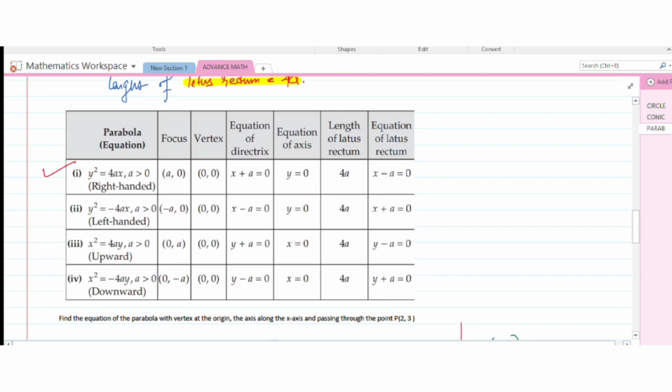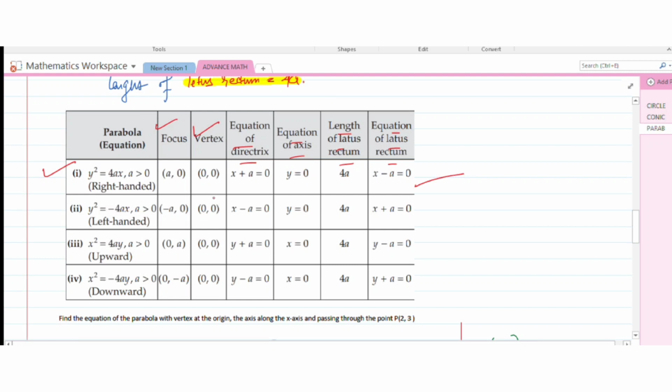First, y square equals 4ax where a is greater than 0 is called a right-handed parabola, and y square equals minus 4ax where a is greater than 0 is left-handed. x square equals 4ay is upward, and x square equals minus 4ay is downward. So these four kinds of parabolas are there, where the focus is given as (a, 0), (minus a, 0), (0, a), (0, minus a), and the vertex, equation of directrix, equation of axis, length of latus rectum and equation of latus rectum are there.